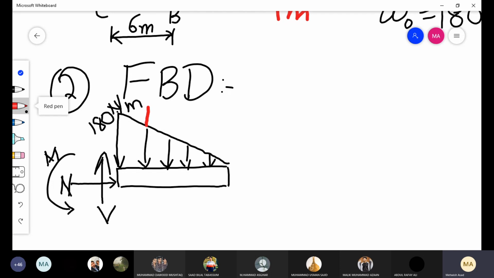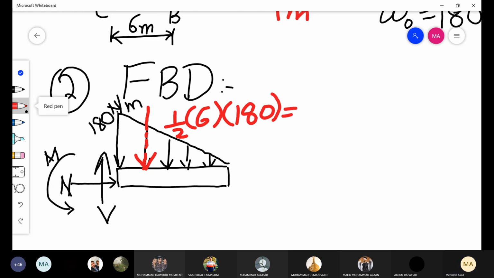So we can find out its resultant over here, and its magnitude will be half into base into height. So this is 540 Newton.